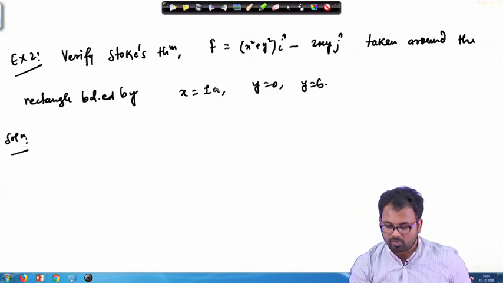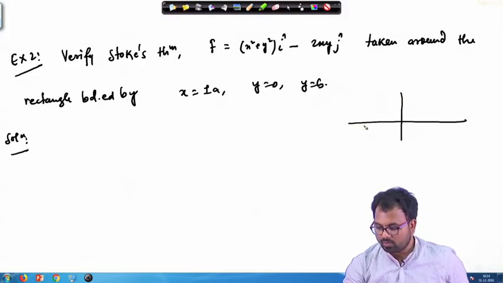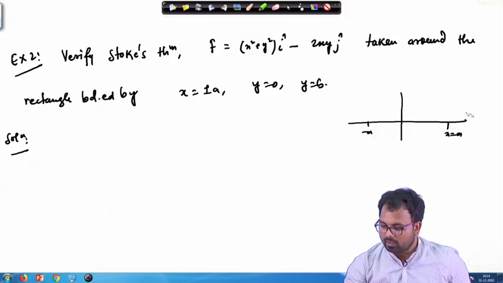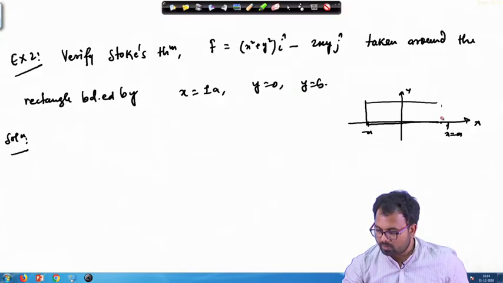If we want to draw this rectangle, we can just draw x equals minus a, x equals a, and this is our x axis, this is our y axis, and then we have y equals 0 and y equals b.